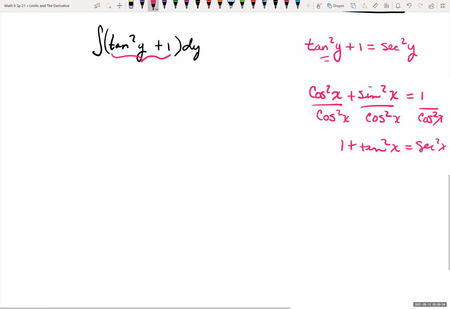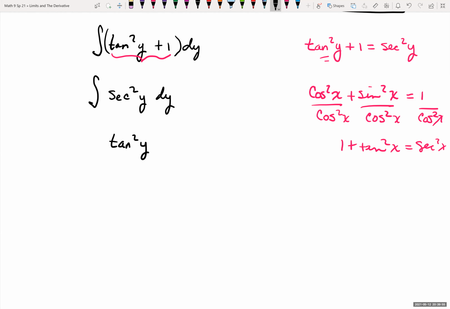And so now we're taking the antiderivative or the indefinite integral of secant squared x. Actually, it's all y in our case, dy. And then what trig function gives us back secant squared y when we take the derivative of it is the tangent y.